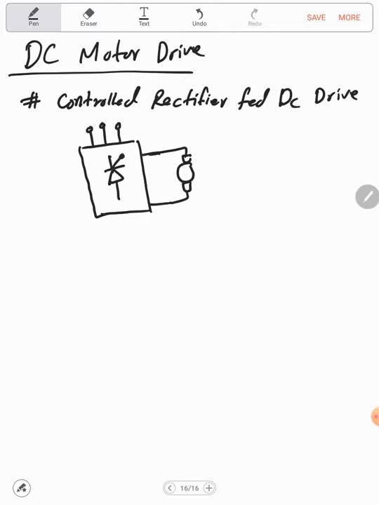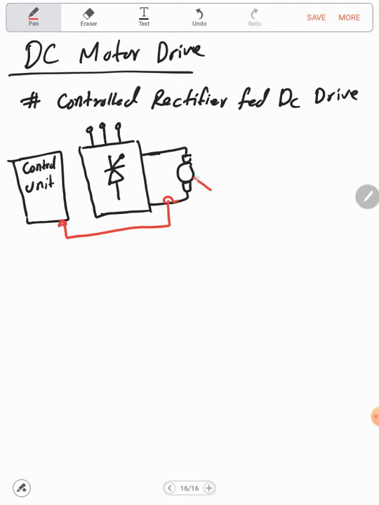Now, in order to control, we need speed control, and we need a current control or a torque control. So here we will use a controller, a control unit, let's say. It will take the current information, so here we can measure the current.